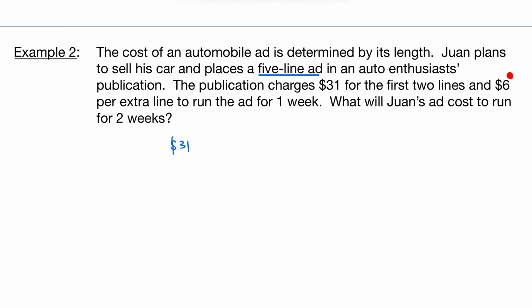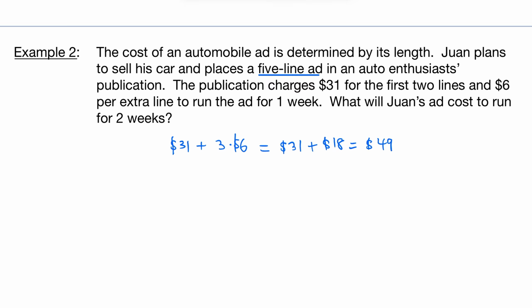And then there's a charge of $6 per extra line to run the ad for 1 week, okay? So if $31 is what's being charged for the first 2 lines, and he's running a 5-line ad, that means there will be 3 extra lines. So we're going to need to add the cost of 3 extra lines times $6, because it's $6 per line, and that is going to equal $31 plus $18, which works out to $49.